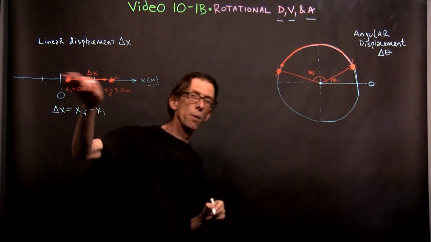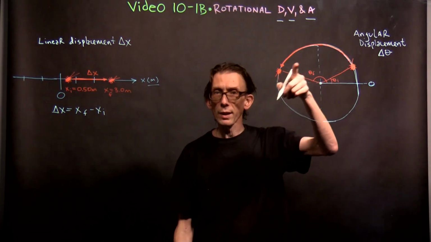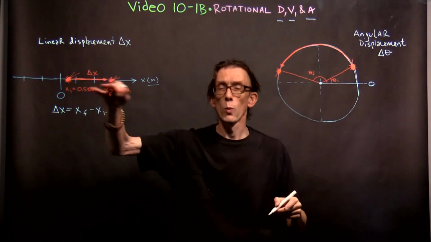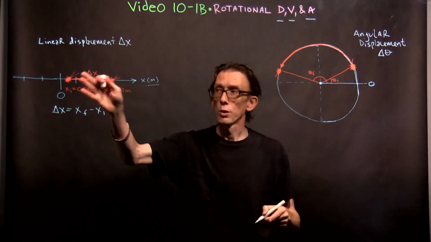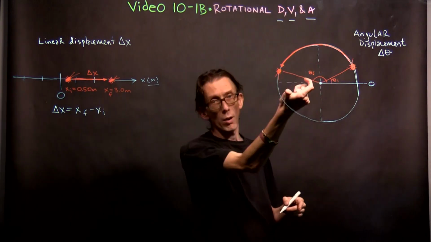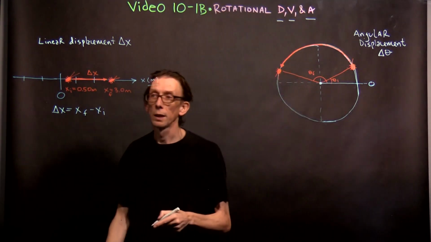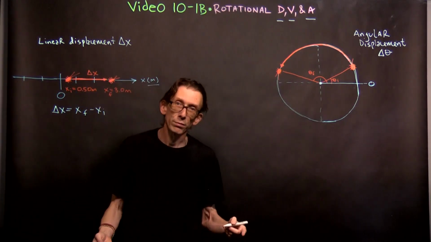Now, this is all one-dimensional stuff, and circular motion like this is analogous to a one-dimensional situation. We don't have to worry about x and y over here. You've got your positive direction counterclockwise, your negative direction clockwise, so we don't have to worry about putting vector signs over these.